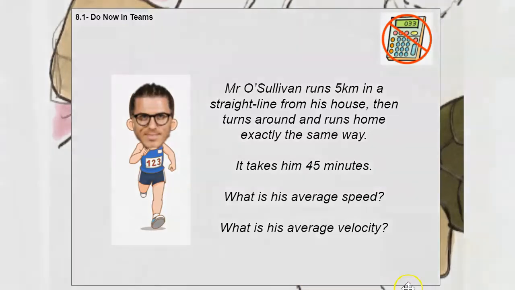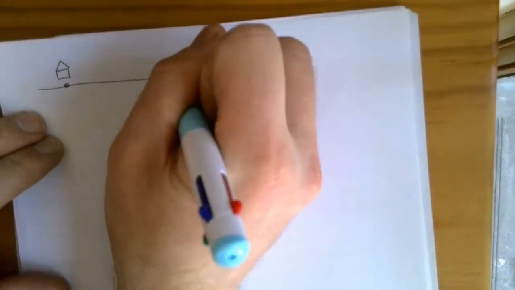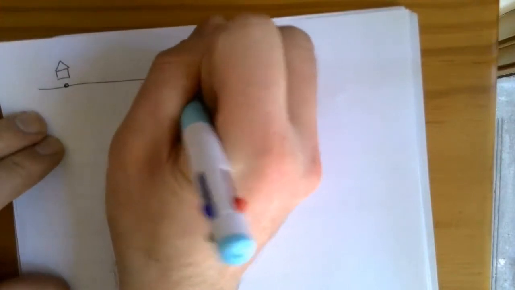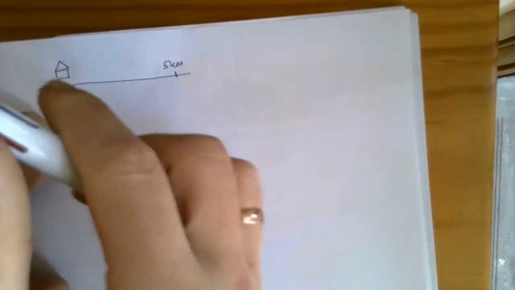So if I just switch over and show you on paper here what's happening, and we're going to use these kind of diagrams to consider motion today, if Mr. O'Sullivan's starting at his house, he is running along a number line until he gets 5 kilometers away, and then he is turning back and running home.